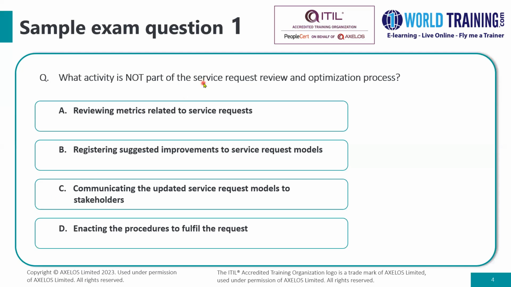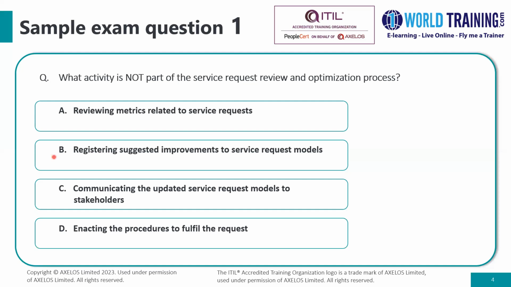So the process name is clear. It is the service request review and optimization process, which has several activities. And if you look at option A, it is part of the service request records and reports analysis activity in the service request review and optimization process.